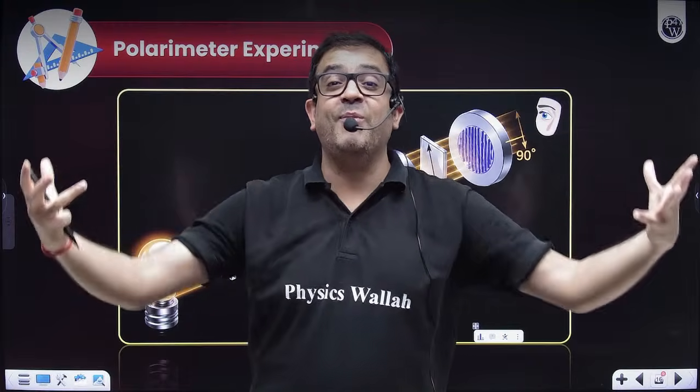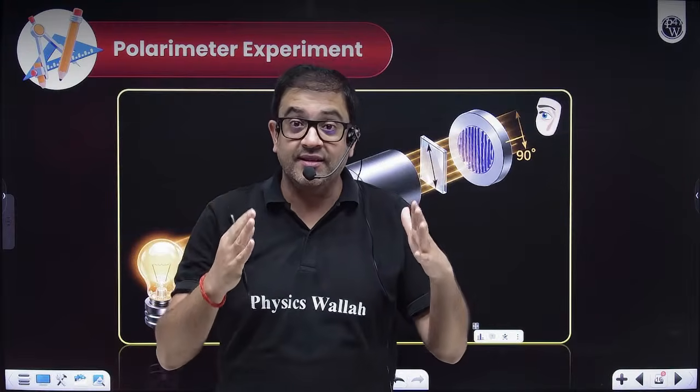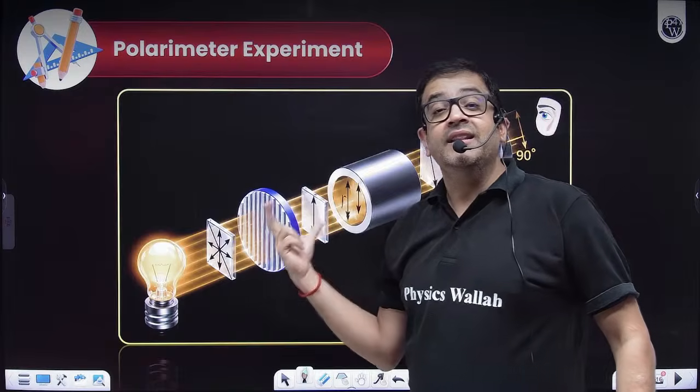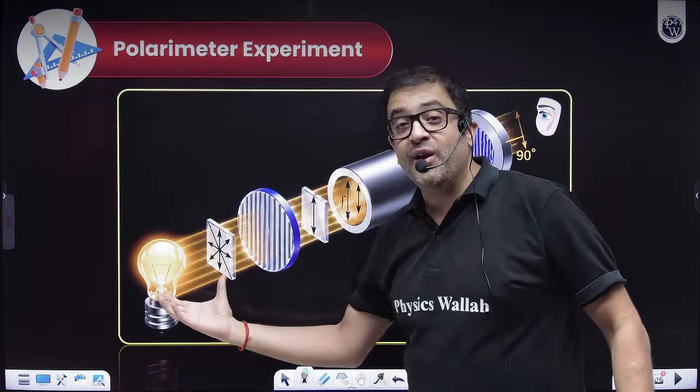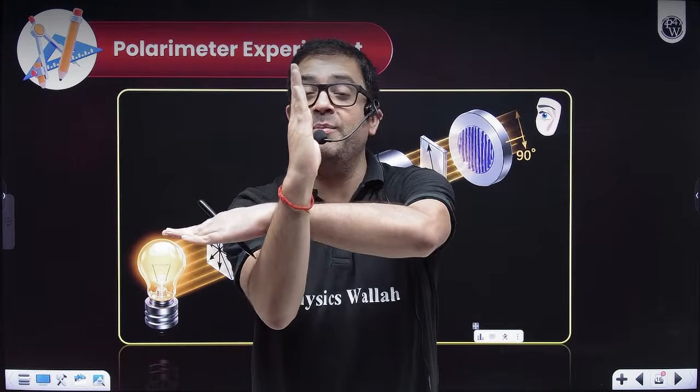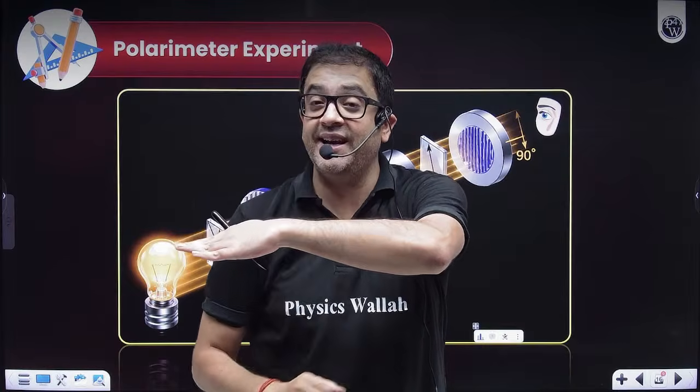It goes in all possible directions, but the Nicol prism, which is part of this polarimeter system, makes the non-polarized light polarized light. What is polarized light? Light which is directed in one single direction. So the perpendicular path will be the plane of that polarized light.